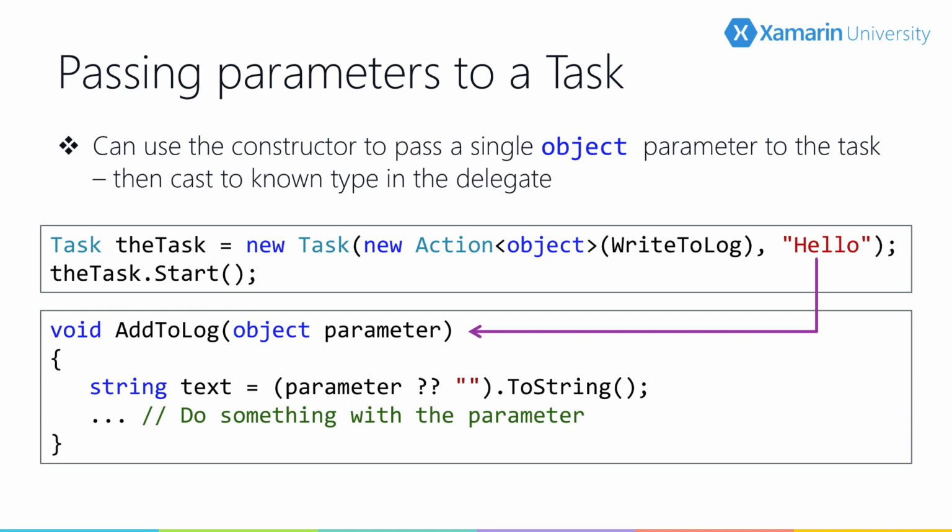Let's start with the parameters. There are different approaches that you can take to pass input into a task. The first is through the task constructor. If you look at that, we find that it has got an optional object parameter that we can use. And this will then in turn be passed to your action as a parameter. The downside is that this of course requires you to use the two-step construction, where we said we really want to use the Task.Run approach.